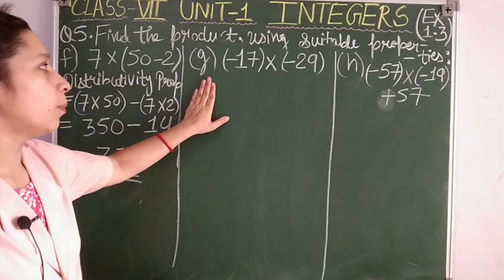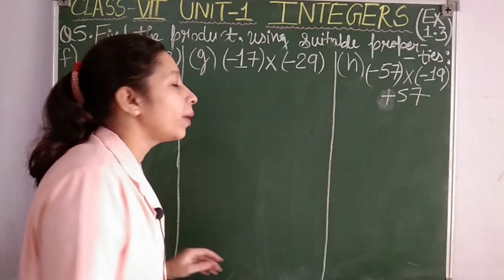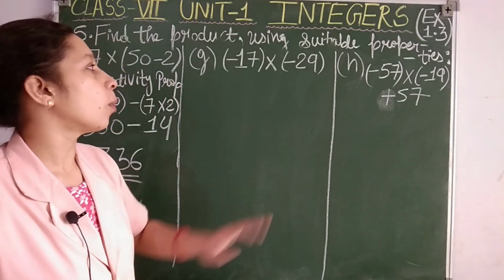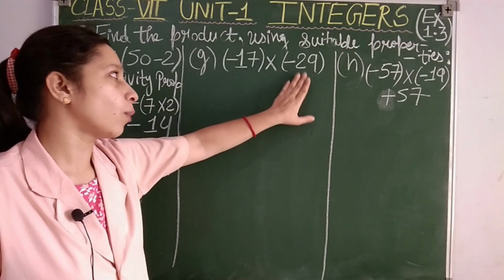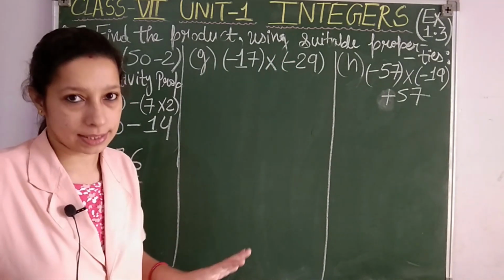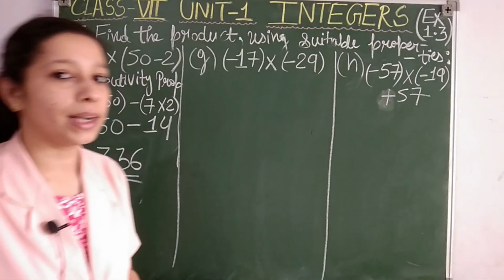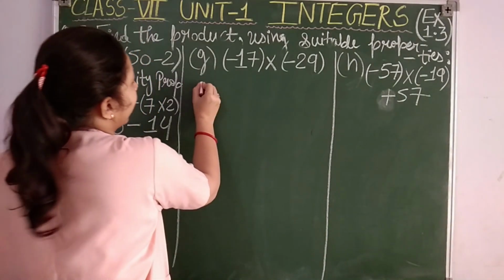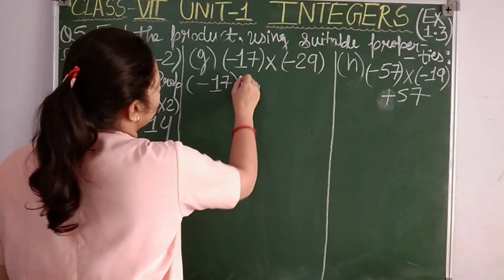Let us move to G point. Here minus 17 into minus 29. Here which property you are going to use students? Here again we will be using distributivity property. You have to break 29, means you have to take 29 as B and C, either B plus C or B minus C. So how we can set here minus 29? Let's see it. So minus 17 multiplied by minus 29.